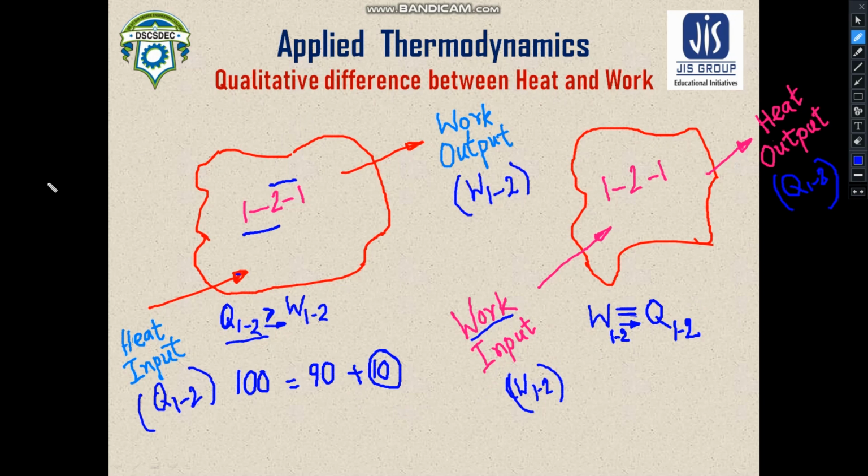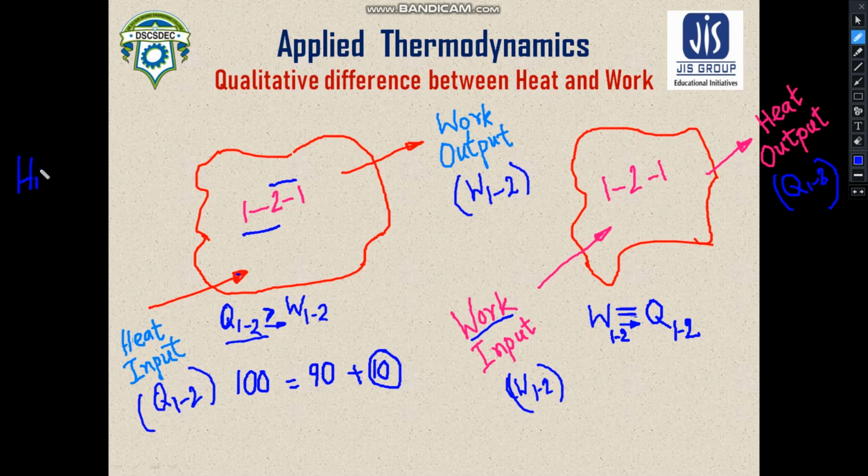One energy is completely converted into the other one. That means work can be completely converted into heat, whereas heat cannot be completely converted into work. It means that energies can be categorized from this perspective: there will be some kinds of energies which can be completely converted into a separate form, and there will be some kinds of energies which can't be converted.